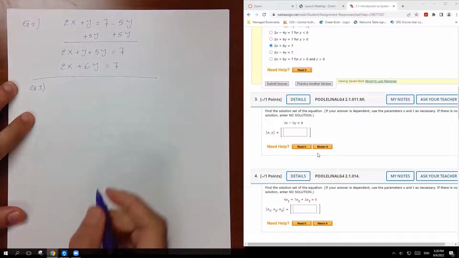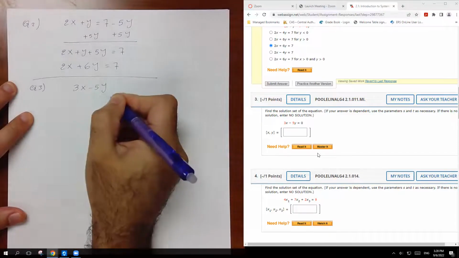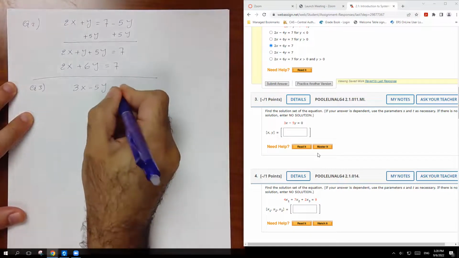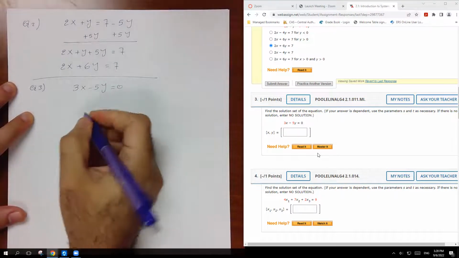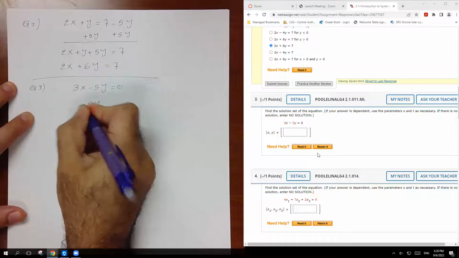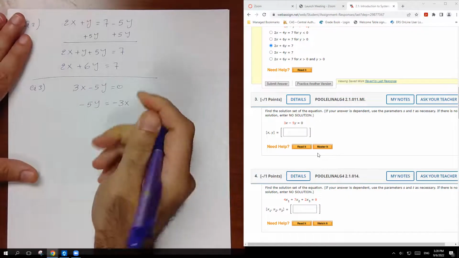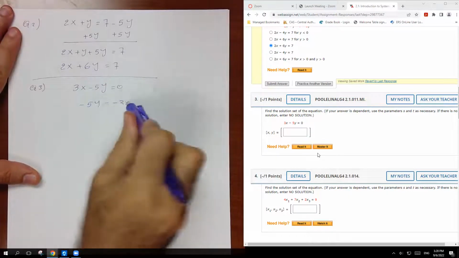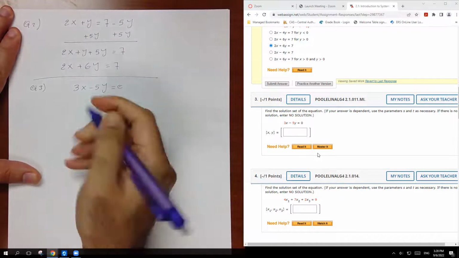So I have 3x minus 5y equals 0. I'm going to solve it for y. I'm going to move the x to the other side, so negative 5y is going to be equal to negative 3x. Or move the y to the other side, but I'm going to solve it for y. Both are going to be right.